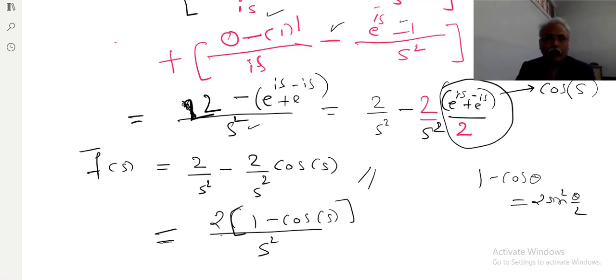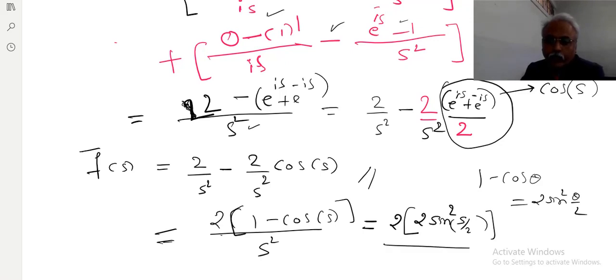Now if I use this value, how does it look? 2 as it is, the square bracket becomes 2 sin square s by 2, divided by s square as it is. So 2 into 2 is 4.